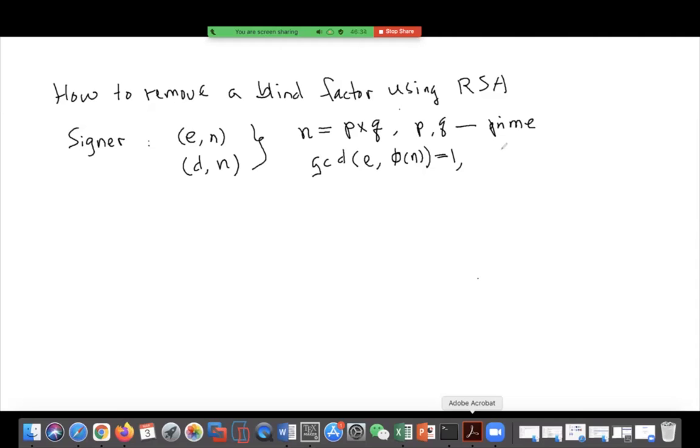And we also know that phi of N is equal to P minus 1 times Q minus 1.